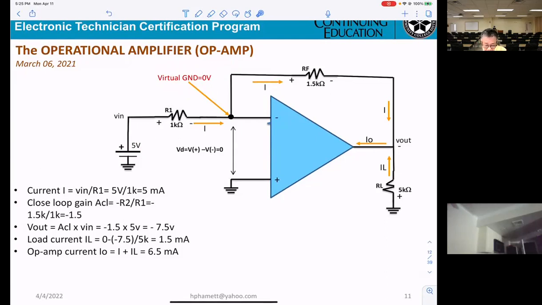Okay. And the current coming from the input goes to this point, goes here, and goes up to this point. However, we already know when the current comes in, you get a positive here, and this is a negative. And that negative is telling you the output here will be negative.